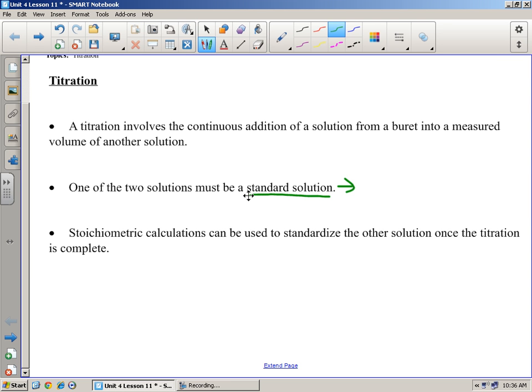What is a standard solution from Unit 3? What's a definition of a standard solution? What is it? Somebody, come on. We would make a standard solution in a volumetric flask. What is the definition of that, though?